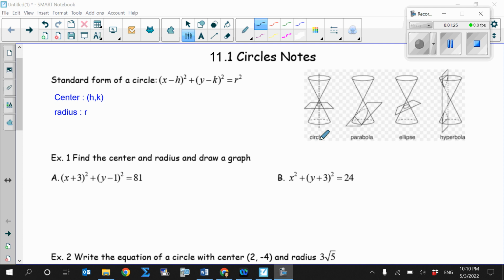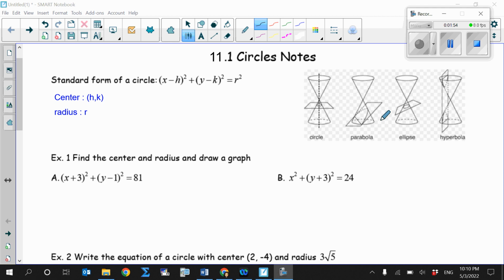Now, there are two other cases where the plane is crossing through only one nappe of the cone. That means only one half, or one cone, here. For all these cases, what they have in common is that they all cross one nappe of the cone. Depending on how it's crossing the cone, it can create two different shapes.